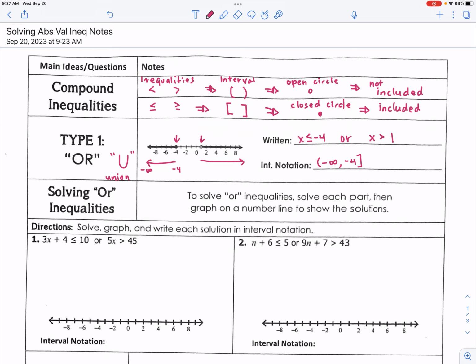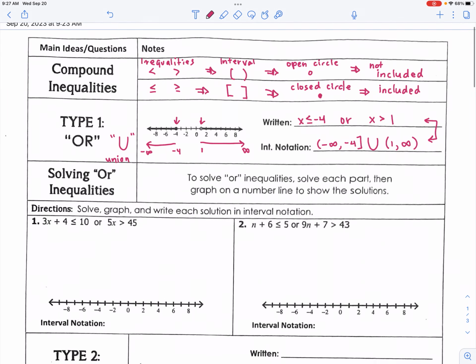So we put a bracket. Then this is where that symbol of that U comes in. And then we go from 1, which we don't include, to positive infinity. And again, we don't include it, so we put a parenthesis. So we can go from interval to inequality and inequality to interval notation.